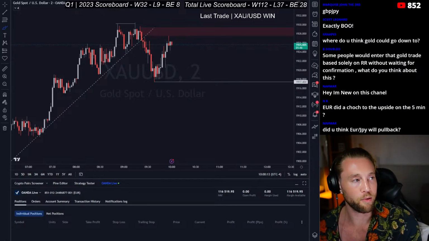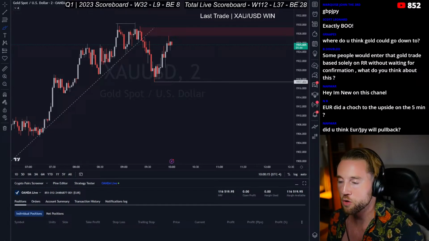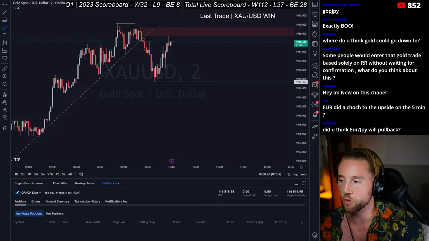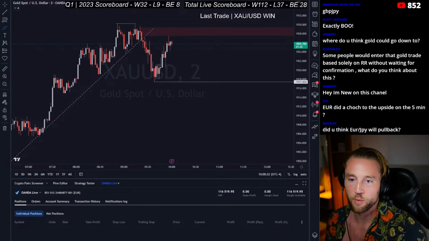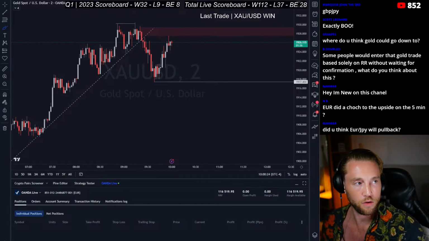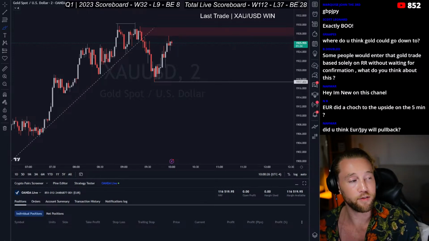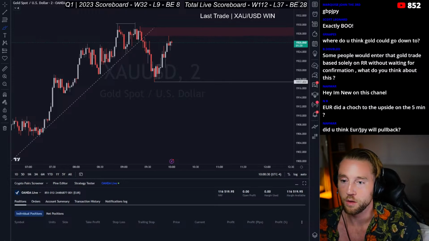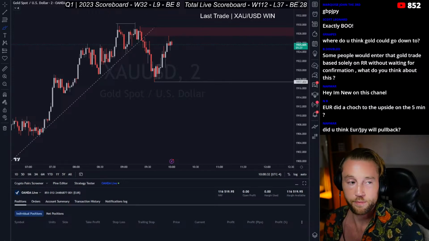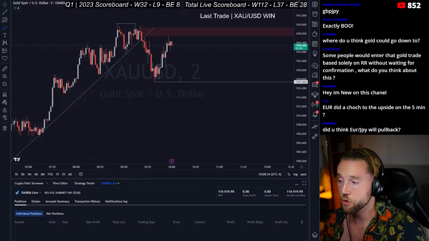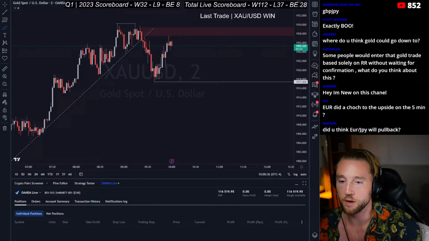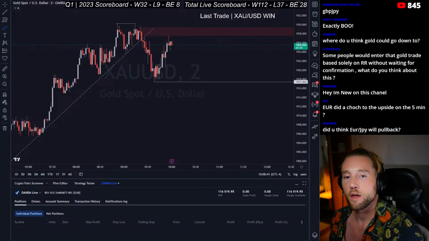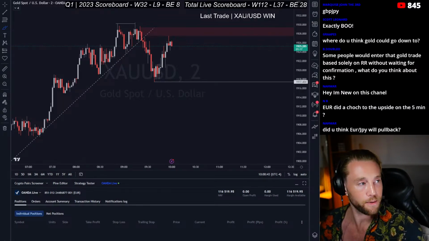So it's personal preference, in my opinion. I personally like confirmation, using the correlations, using the tools here. I like to have a 70% win rate. I'm not saying you cannot have it with SMC or something like that, but I personally like to wait for a confirmation, with a strategy that I know is working for me, that can provide me with at least a 70% win rate.